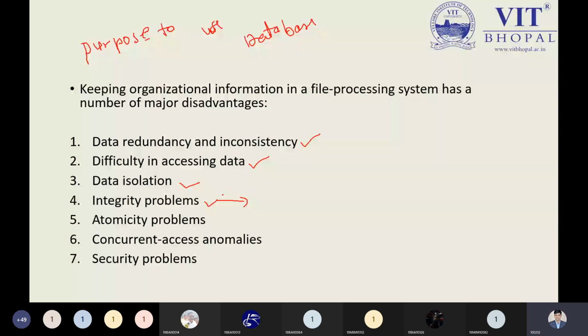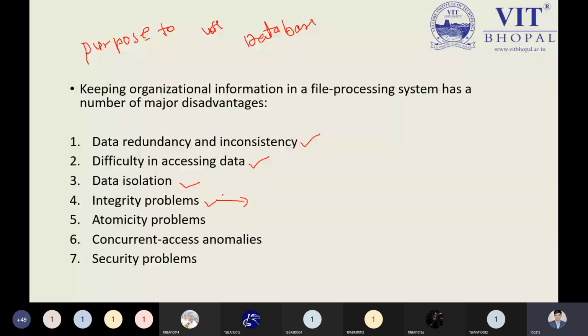We can say that it maintains the relationship between one system and another system. But in the previous days, while using the file processing system, it was not supported. It was supported practically, but it took much time. So the integrity problem we couldn't reduce properly in the file processing system.